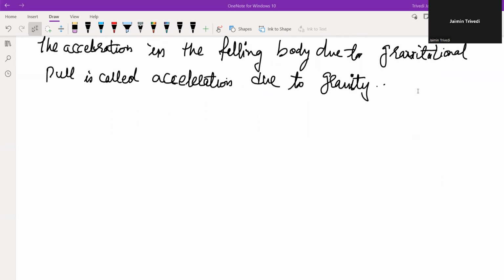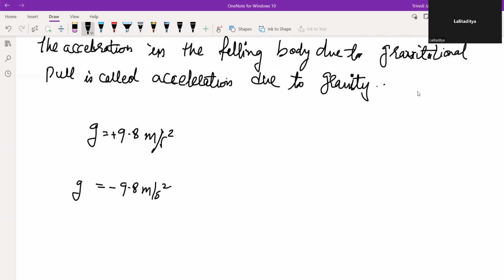Now something we will write here about g. g is 9.8 meter per second square. It will be plus when, and when g is minus 9.8 meter per second square. Now there are some conditions when we can say that g is minus and when g will be plus.